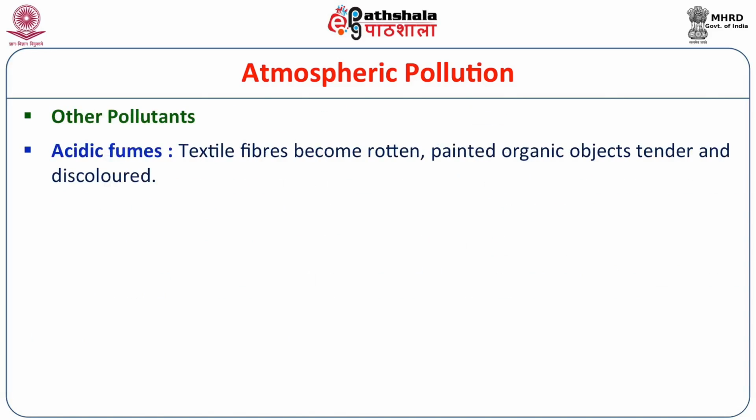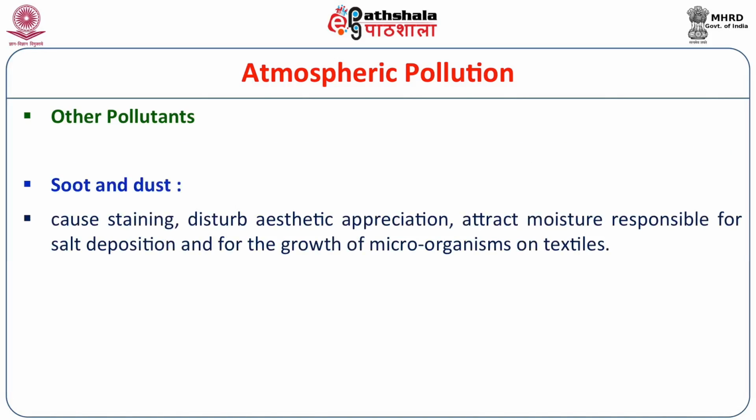Other pollutants include acetic fumes. Due to these acetic fumes, textile fibers become rotten. Painted organic objects become tender and paintings become faded. Due to soot and dust, staining occurs.